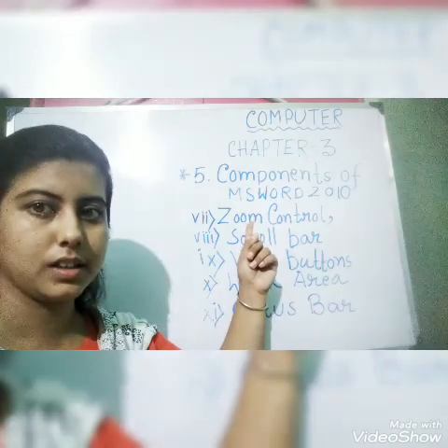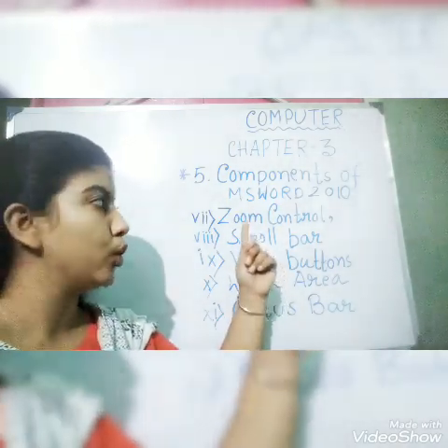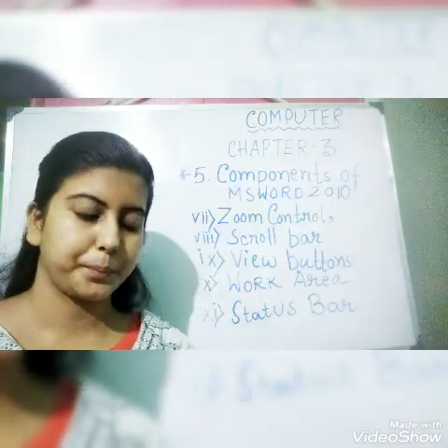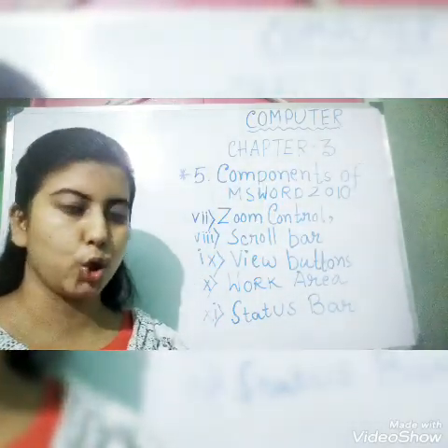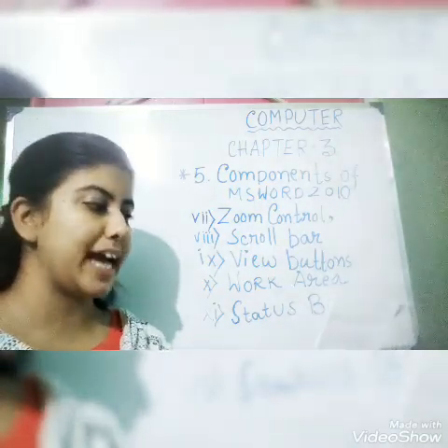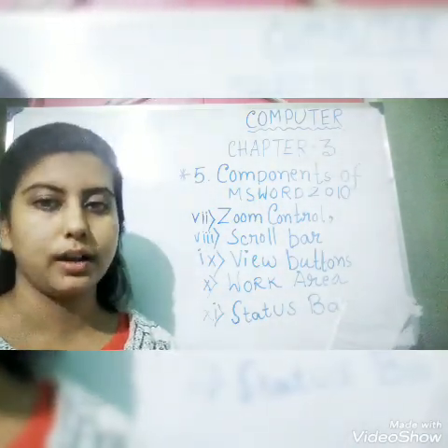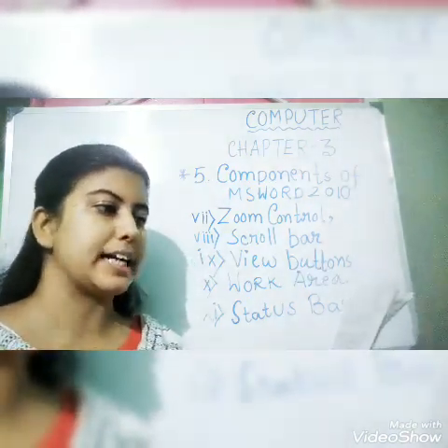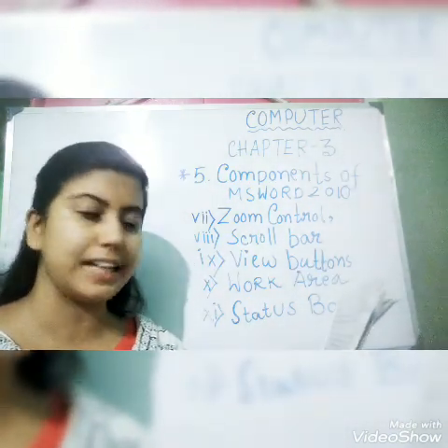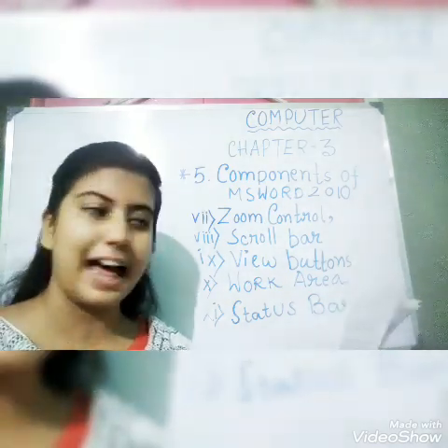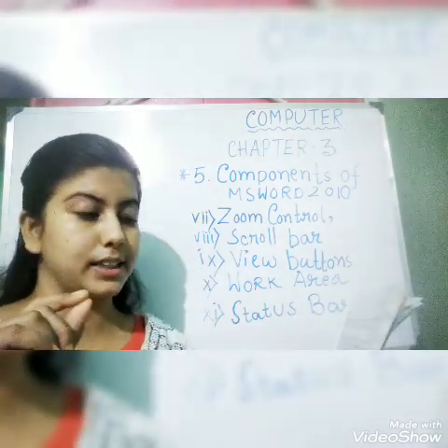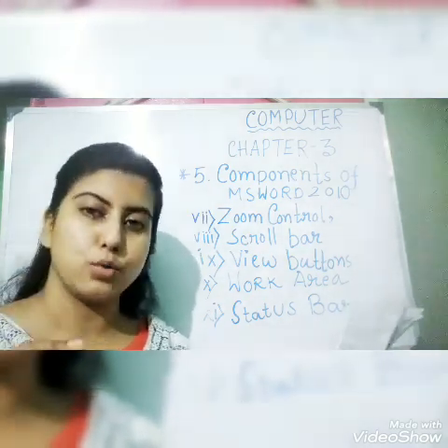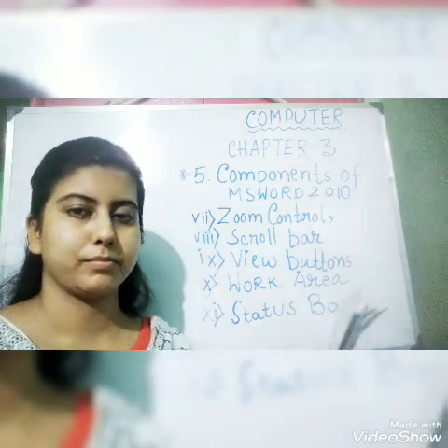The seventh component is zoom control. What is it? Zoom control helps you to get a closer look at your text. The zoom control consists of a slider that you can slide left or right to zoom in or zoom out the text.